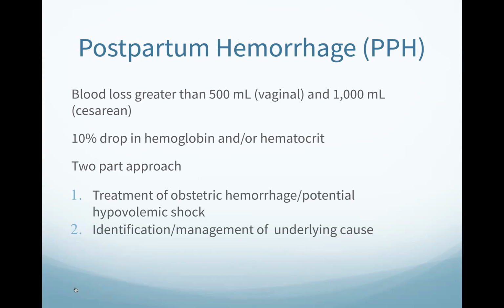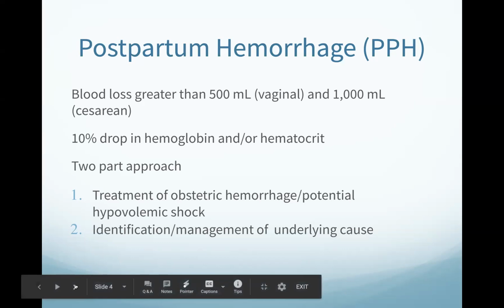Did they hit their head? No, we're going to treat it, correct? The same thing. The first thing you want to do is treat that hemorrhage. Then when we get that blood under control, we're going to identify what caused that, because if we don't identify what caused that, then we're going to go back to step one and we're going to have bleeding again, right? So keep that in mind.